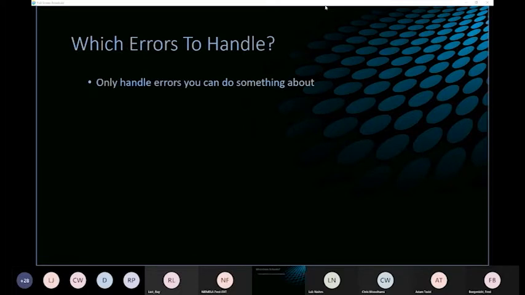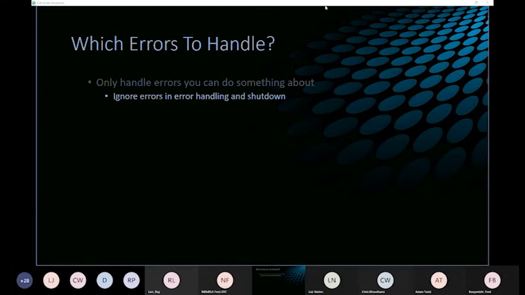So we need to think also about which errors we should handle. We want to make sure we only handle errors that we can actually do something about, right? There's no point in trying to handle something if you have no control over what the outcome is. So only handle things you can actually do something about. You want to ignore errors that happen in your error handling and shutdown, because we always want those operations to run.